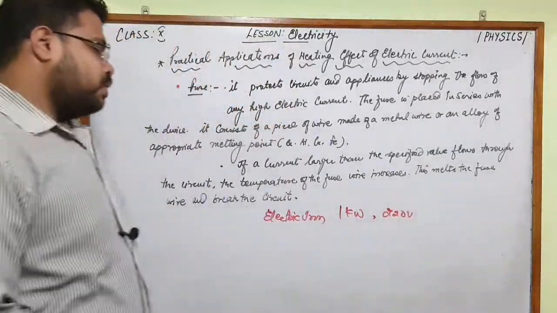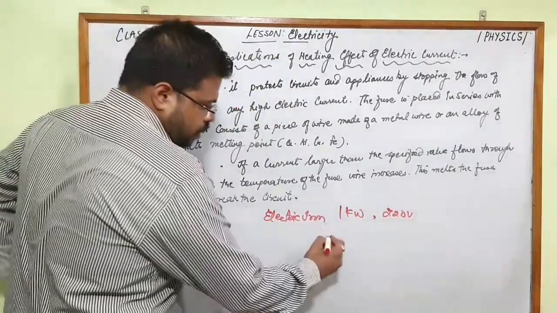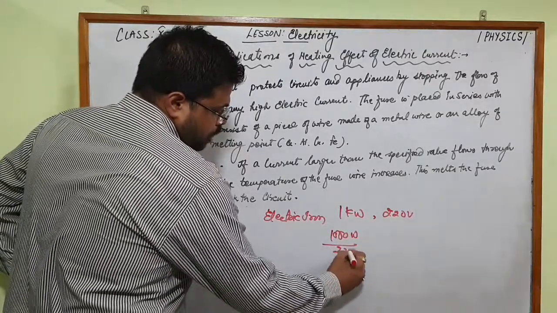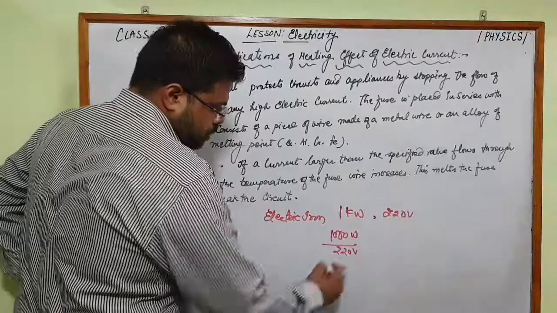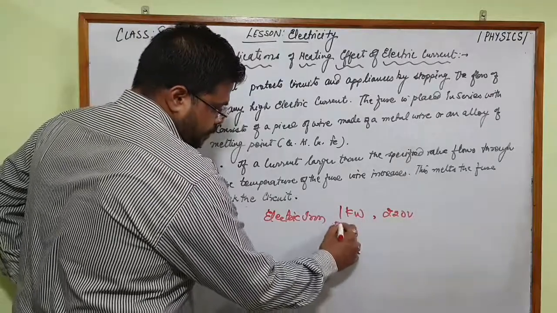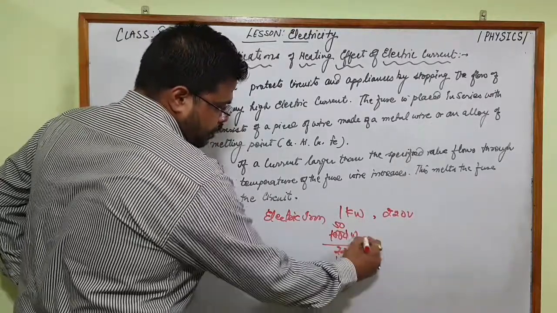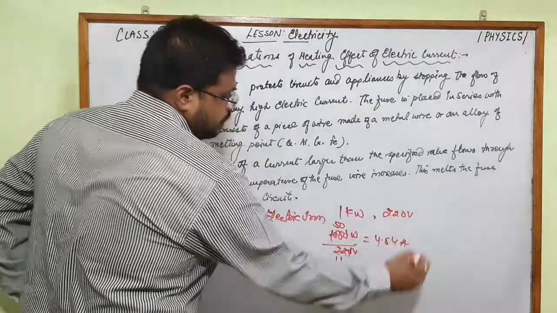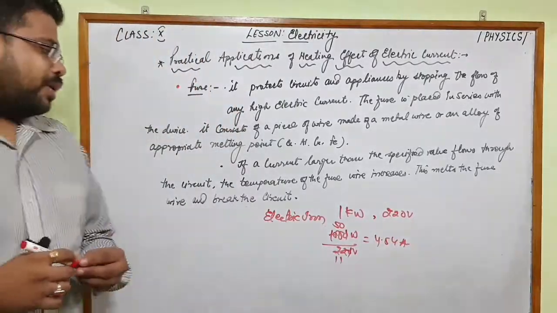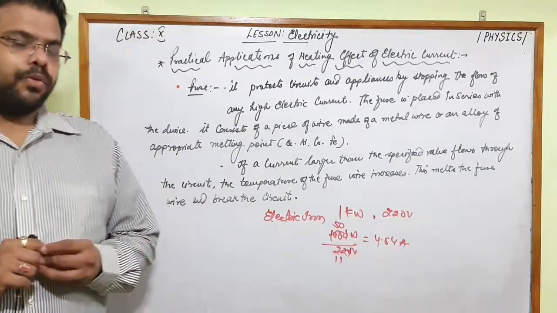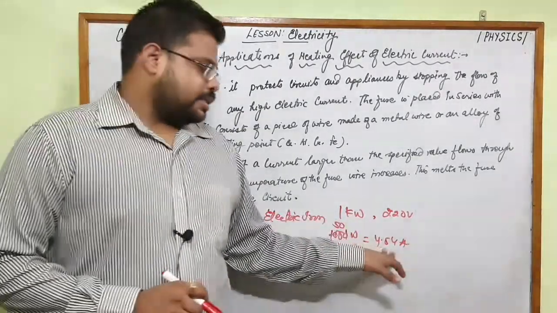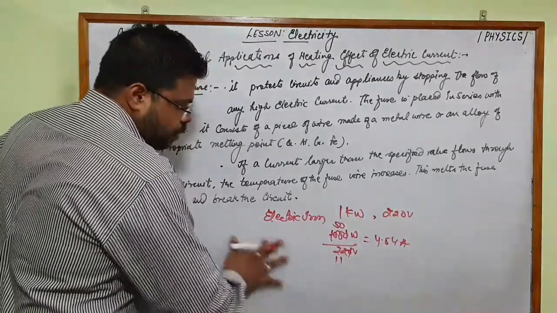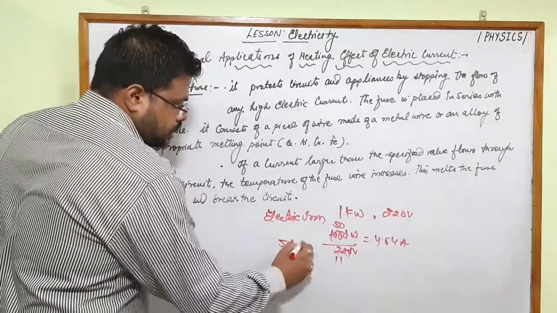We can easily find the total current: 1000 watt upon 220 volt, which is about 4.54 ampere. So the requirement of this electric iron is 4.54 ampere, and we can protect it by using a 5 ampere fuse.